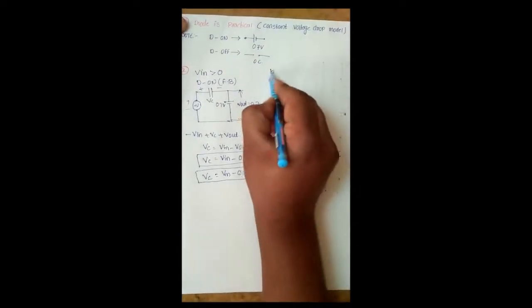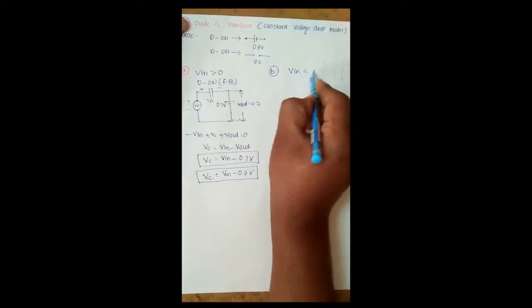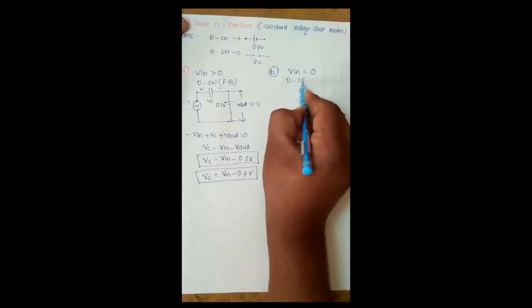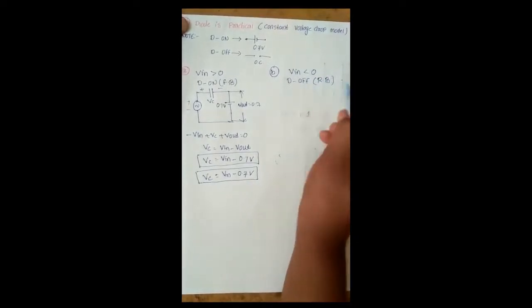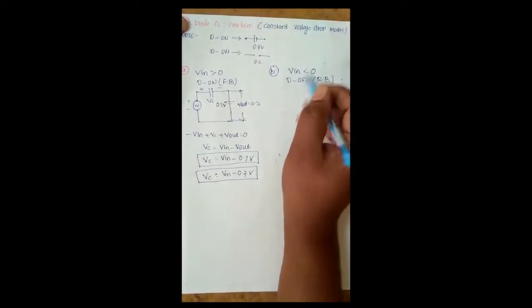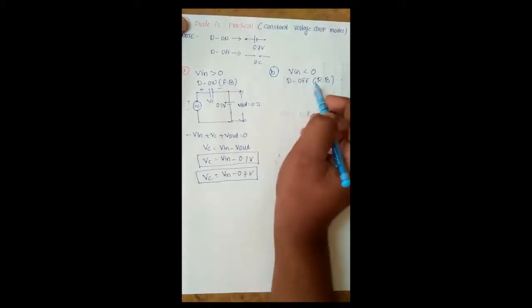During the negative half cycle, that is Vin less than 0, the diode is off and operating in the reverse bias condition. In the constant voltage drop model, a reverse biased diode acts as an open circuit.